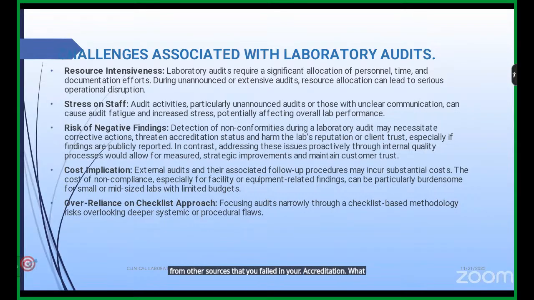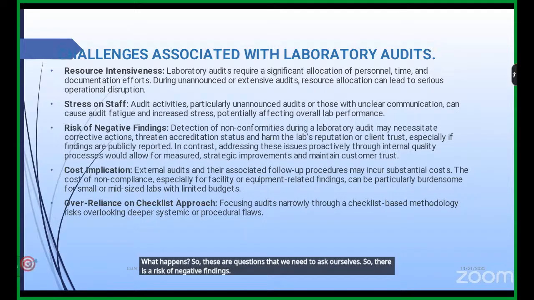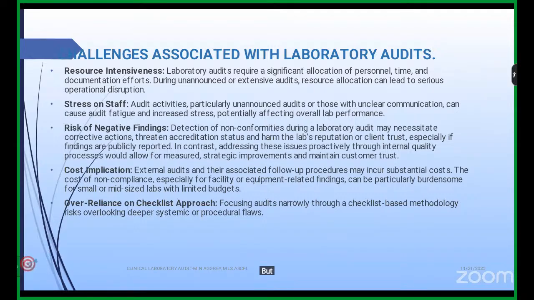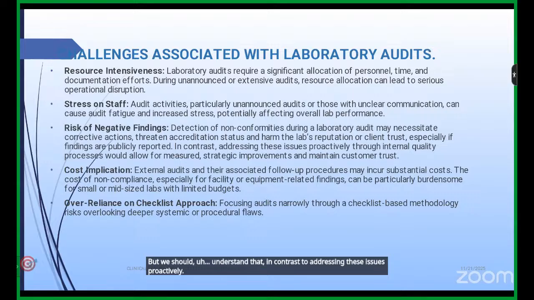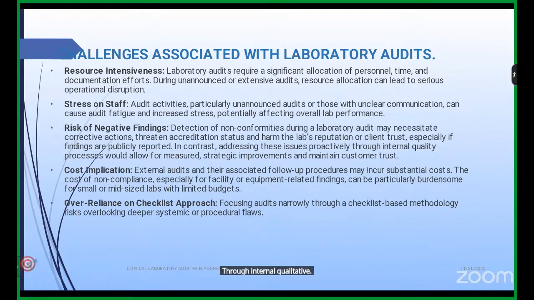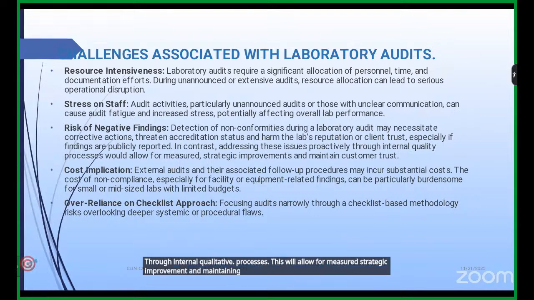What happens with your clients, especially those who refer tests to you? So these are questions that we need to ask ourselves. But we should understand that, in contrast, addressing these issues proactively through internal quality processes will allow for measured strategic improvement and maintaining customer trust.